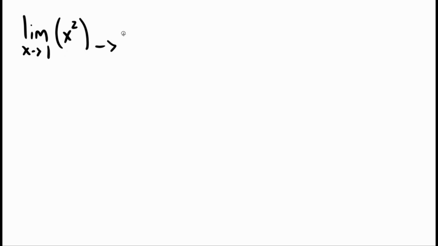Since we don't have to factor out anything or move anything around, it's going to be the same value regardless of how we change it. So this is just going to be equal to 1 squared, or 1.